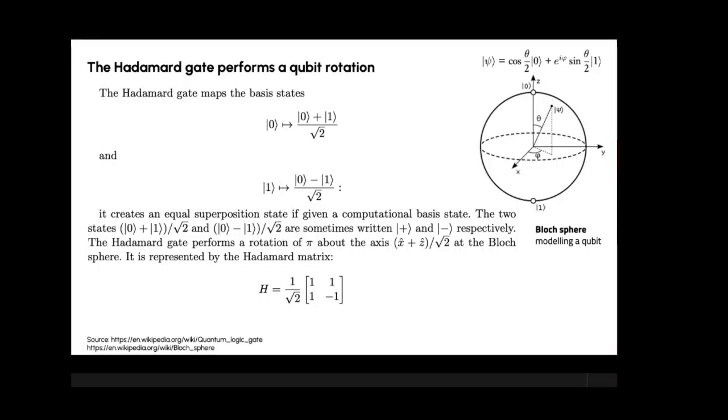It's 1 divided by square root of 2 times this matrix. And so now we're going to multiply one qubit with the Hadamard matrix so that you see what's going on. So the Hadamard matrix is 1, yeah.